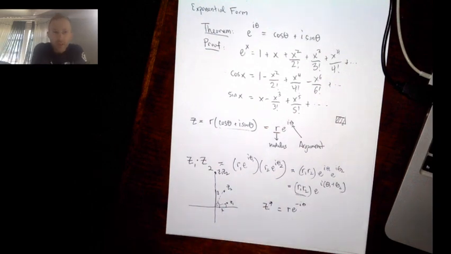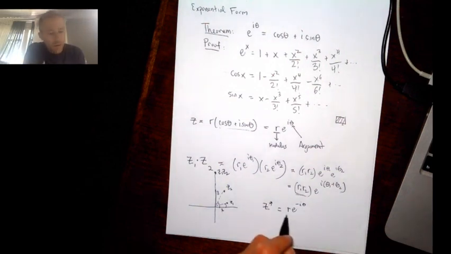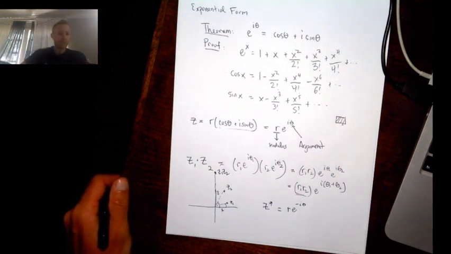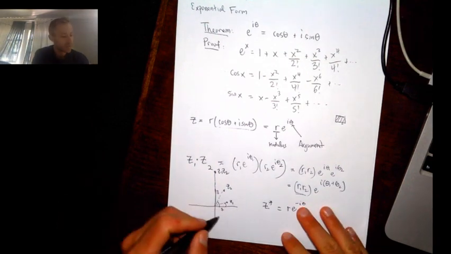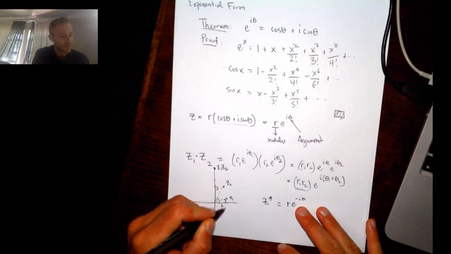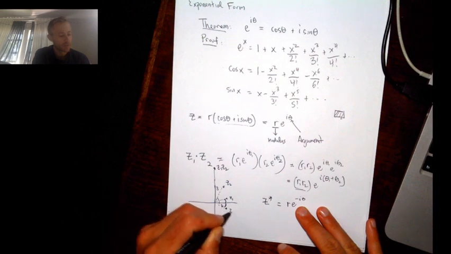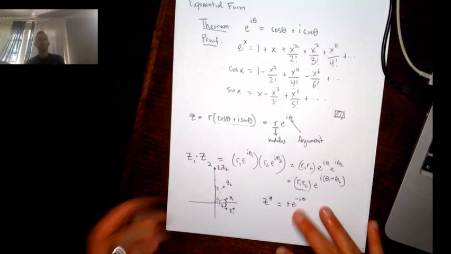You might remember yesterday I talked about how complex conjugation is reflecting the complex number across the real axis. And so you can see that if you make the angle negative, it does just that. So if this is a positive angle, then the negative angle would be this. You get the same modulus, but the opposite angle.